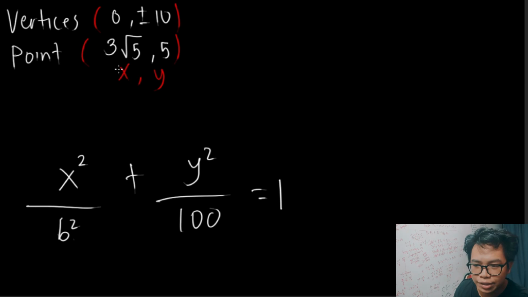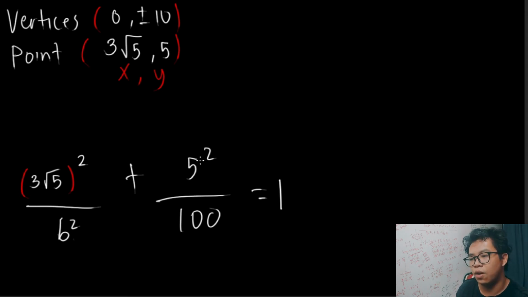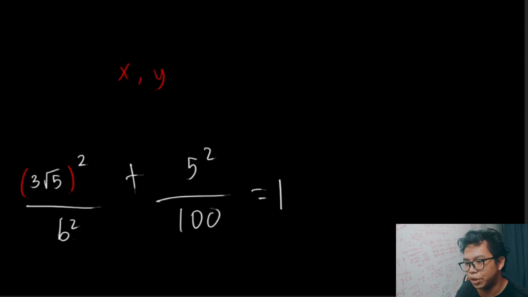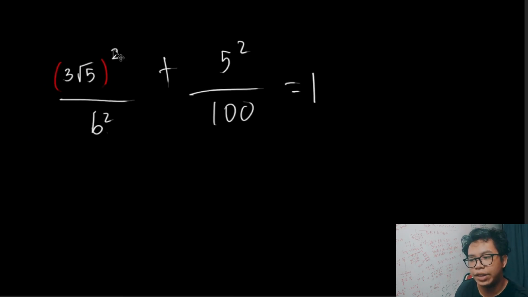Alam natin na x is equal to 3 square root of 5, ipapalit nyo dito. And then y is 5 daw, lagay nyo dito. Yun yung purpose ng point na yun. Pinalit natin dito sa equation. And then, solve nyo na yan.